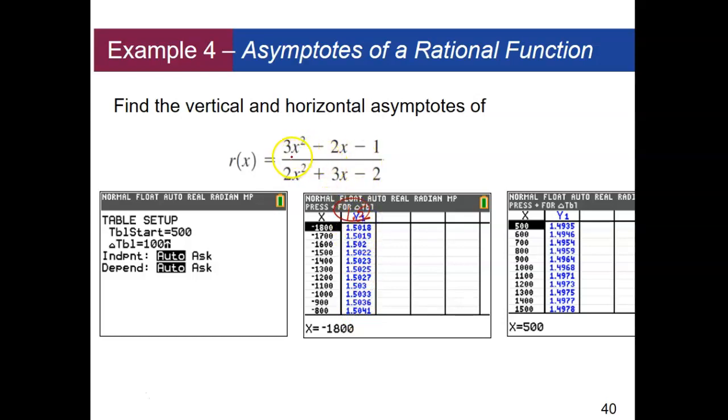That was what the horizontal asymptote would be here, the ratio of 3/2. So our horizontal asymptote would be 3/2, and that's what these values are getting closer and closer to, because that's the same as 1.5. Here, if you're going toward positive infinity, you can see that these values again are getting closer and closer to 1.5.